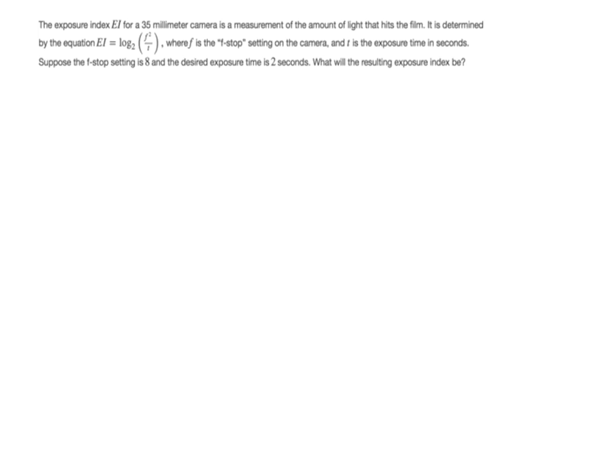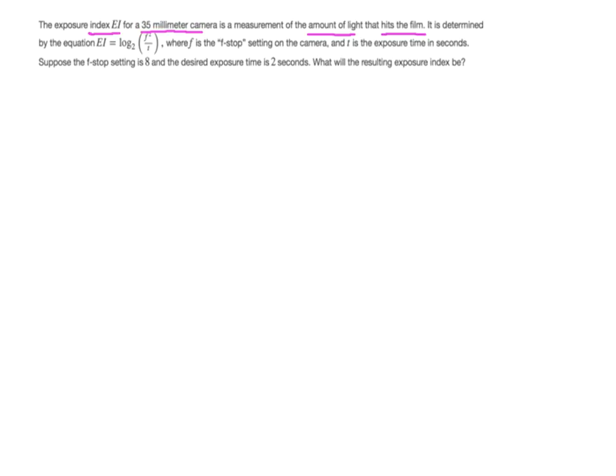And finally, a word problem. The exposure index, EI, for a 35 millimeter camera is a measurement of the amount of light that hits the film.